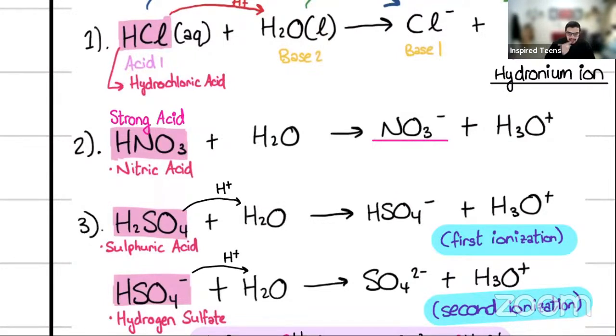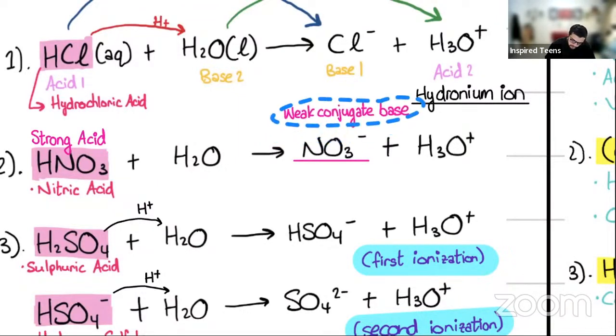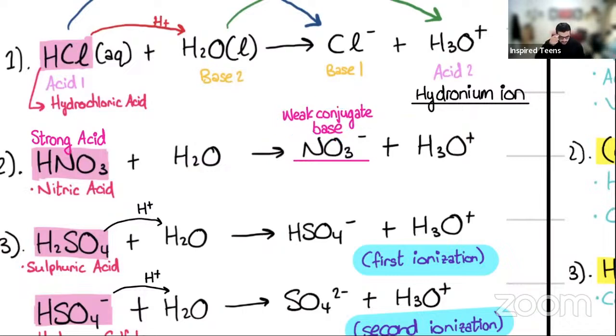Because NO3 minus stemmed from a strong acid, this in itself is a weak conjugate base.